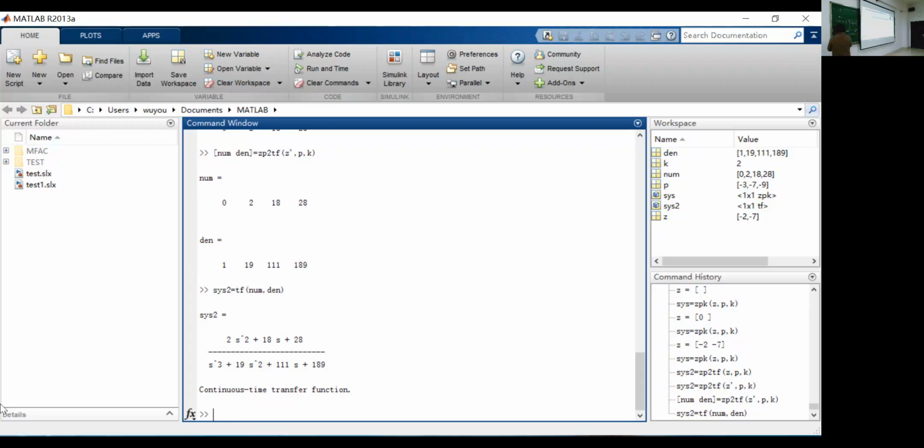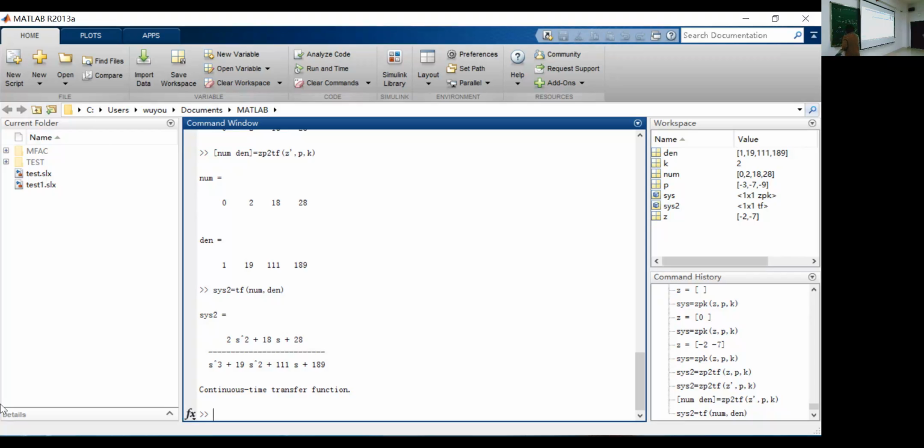The code should be what? Just the opposite. It's TF2ZP, right? No K. Okay. I don't know why, but no K here. But ZP also means ZPK, it's just that K is not shown in the code.